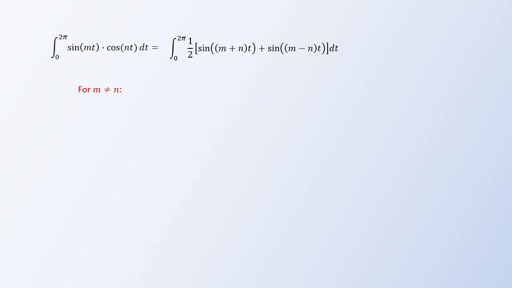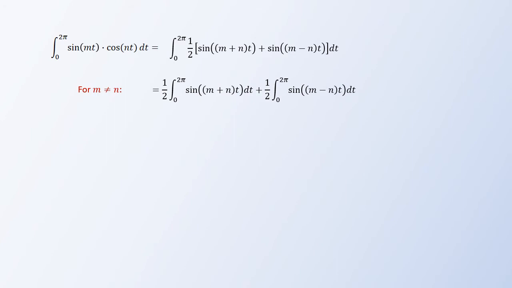Now, there will be two possible cases here, for this one and for succeeding slides that we'll see. And that is, what if m is not equal to n? Well, first off, let's break these two integrals up: the integral of a sum is the sum of the integrals.